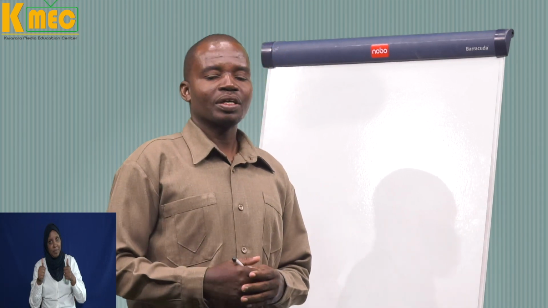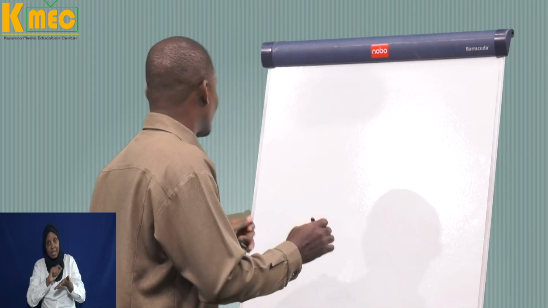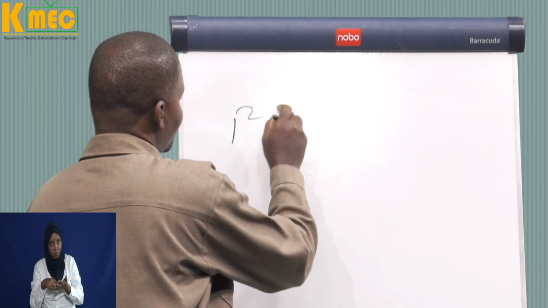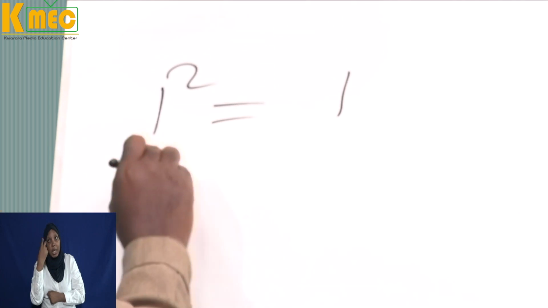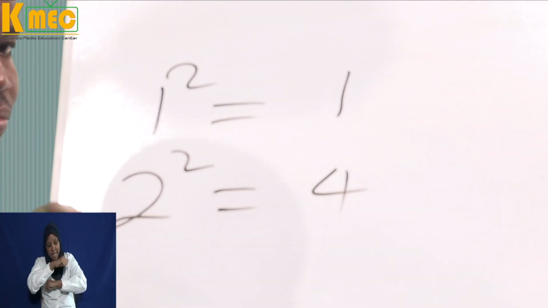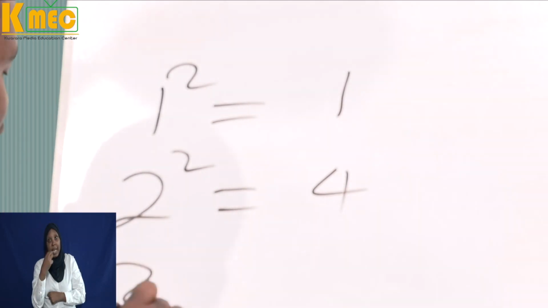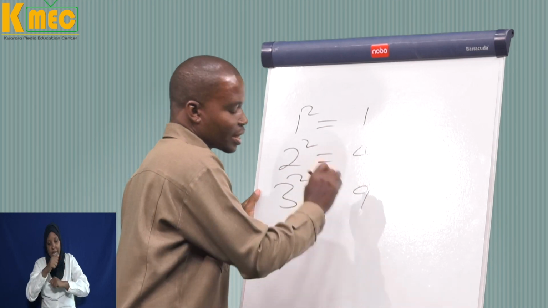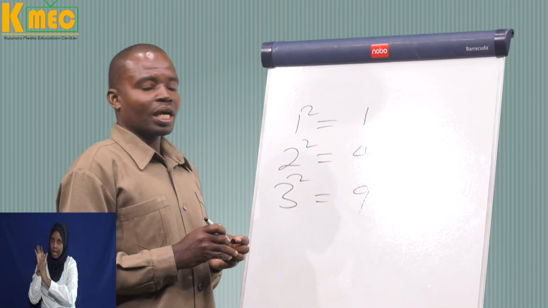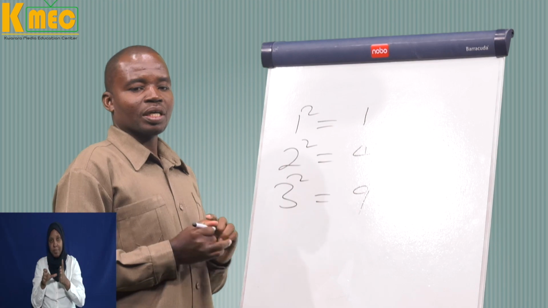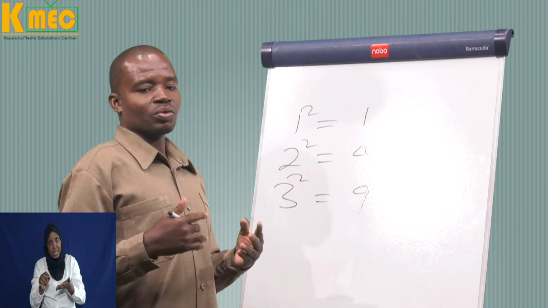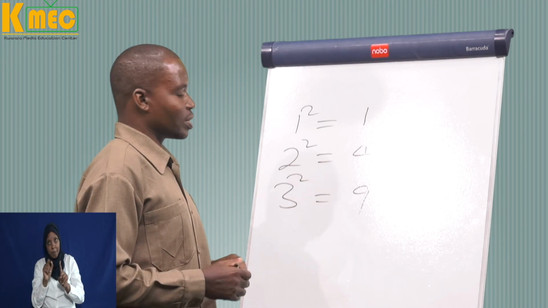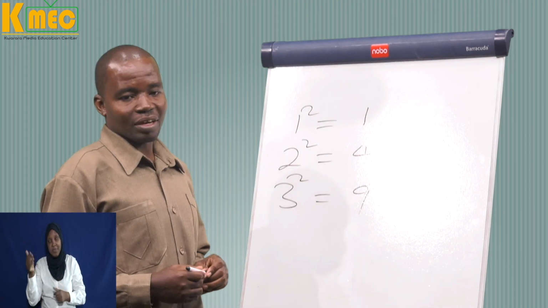Good. Let me remind you with 3 examples. 1 squared is equal to 1. 2 squared is equal to 4. And 3 squared is equal to 9. I think now, my dear pupil, you remember how to list the square of numbers. So now, watch the table of the square of numbers very carefully.